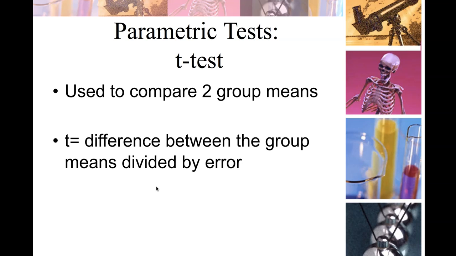The T really is the difference between the group means. So what's the average in group A, minus what's the average in group B, divided by our error. And by error, we really mean our standard deviation. So how much do scores differ from the mean?